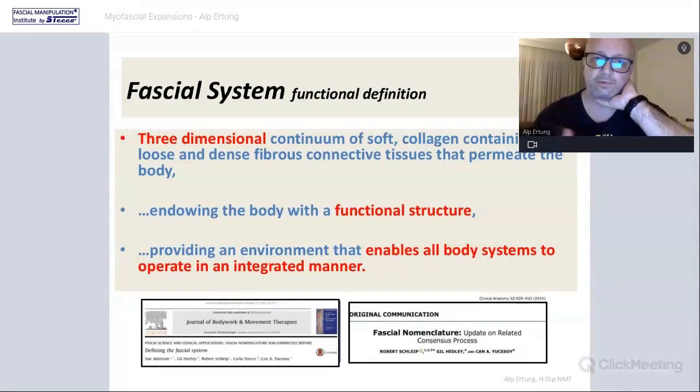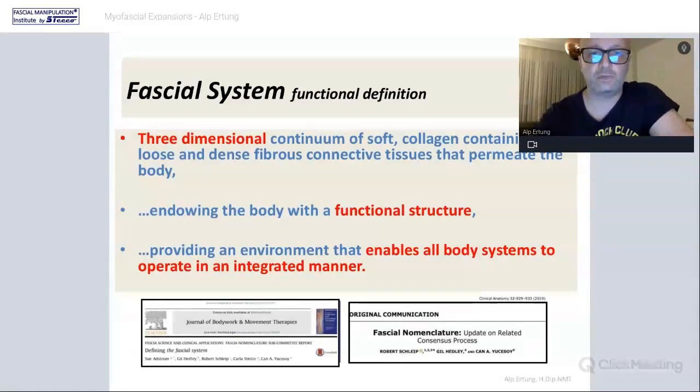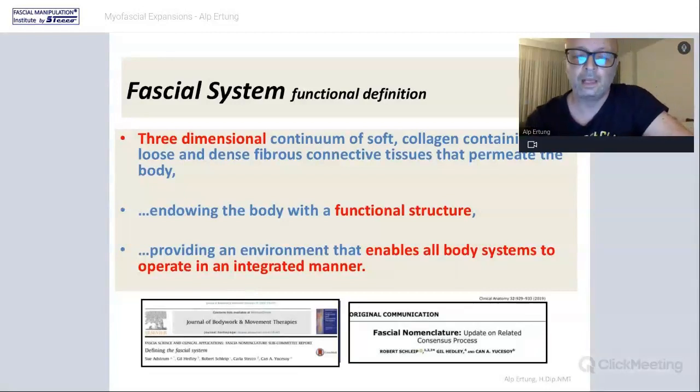So let's remember the functional definition of the fascial system. We have a three-dimensional continuum of soft collagen-containing, loose and dense fibrous connective tissues that permeate the body. It is endowing the body with a functional structure, and it is providing an environment that enables all body systems to operate in an integrated manner.